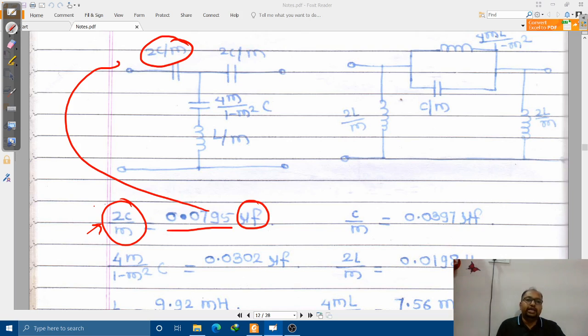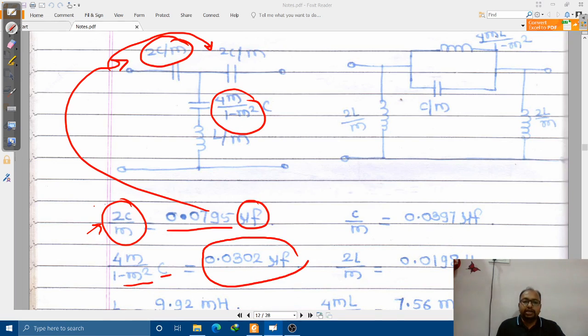We write it at this place and at this place. Now 4m divided by (1 minus m square) into C. Once I compute it, it comes as 0.0302 microfarads, and I write it at this place. And then finally L divided by m, and that is coming as 9.92 millihenry. I can write it over here.